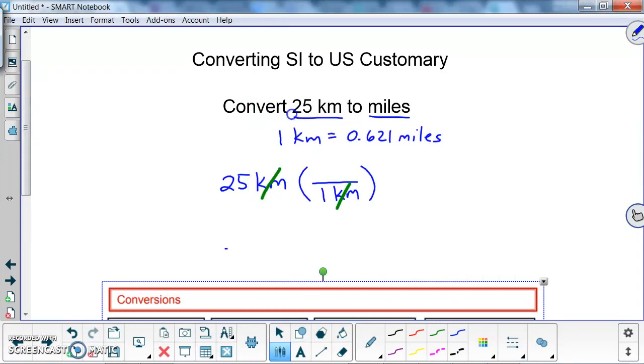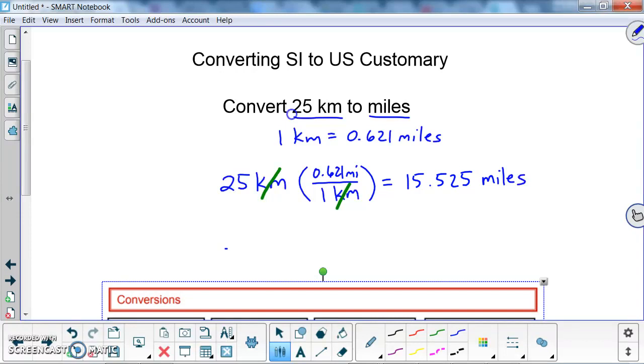So I'm going to look at 0.621 miles, abbreviate miles, and I'm going to get 25 times 0.621 miles, and that will equal, find a calculator, 25 times 0.621 is 15.525 miles.